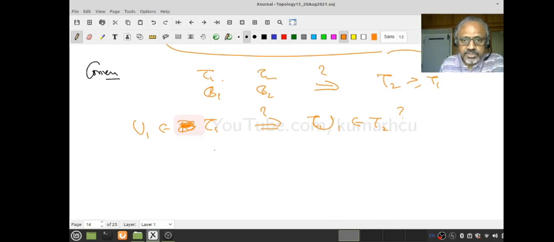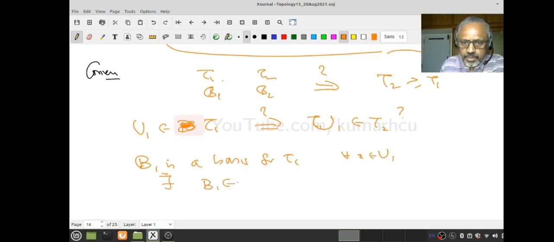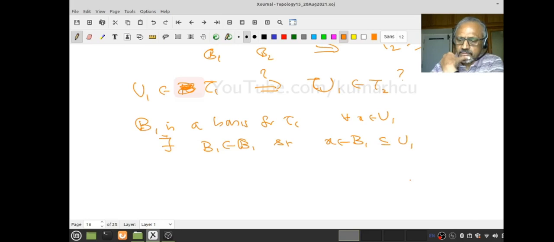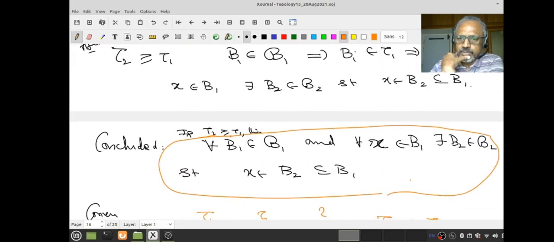Now since U1 is in tau 1 and B1 is a basis for tau 1, given any x in U1, there exists a B1 in script B1 so that x belongs to B1 and B1 is contained in U1. Now what is the assumption about B1 and B2? For any x in B1, there is a B2 so that x belongs to B2 and B2 is contained in B1.